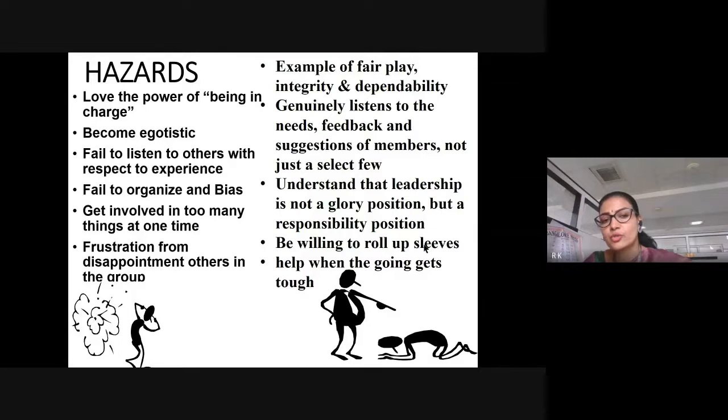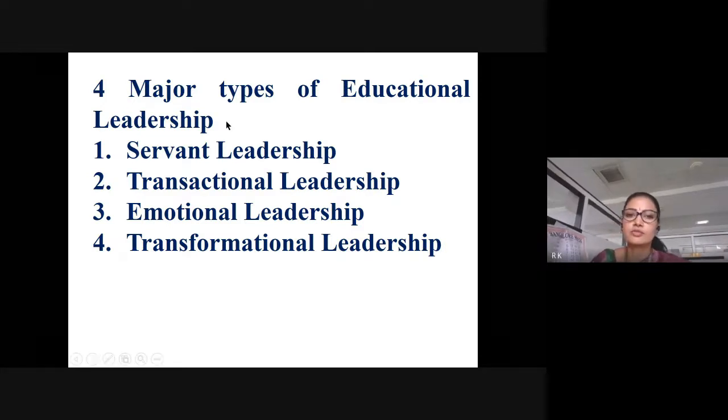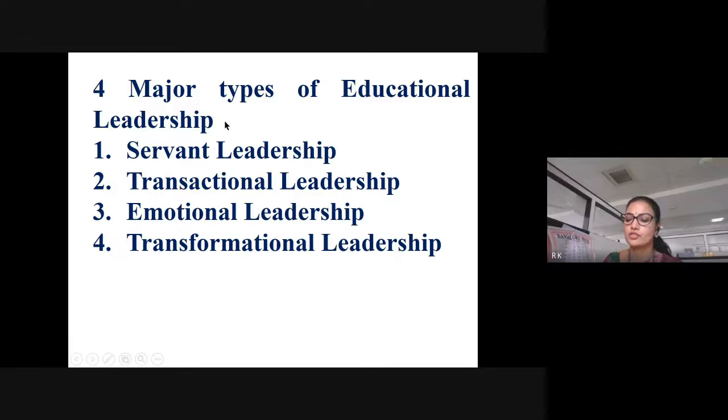If I fail to listen to others, if I fail to respect them, or if I fail to organize, or if I have any bias, if I'm not getting involved in one thing at a time, but getting involved in too many things at a time, then what would happen? The consequences we will tell you. Right now, this is as per the research: there are four major types of educational leadership which we come across.